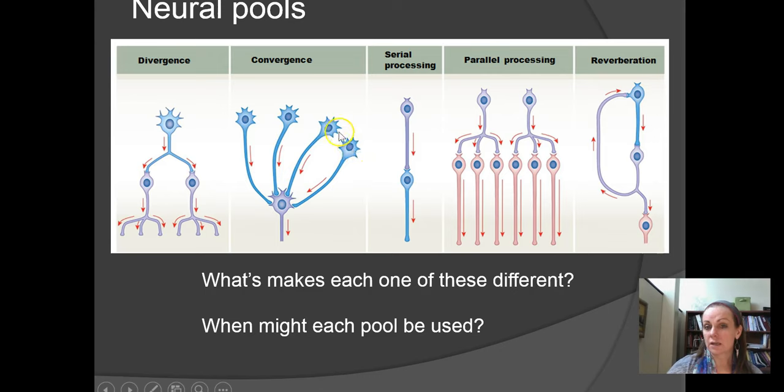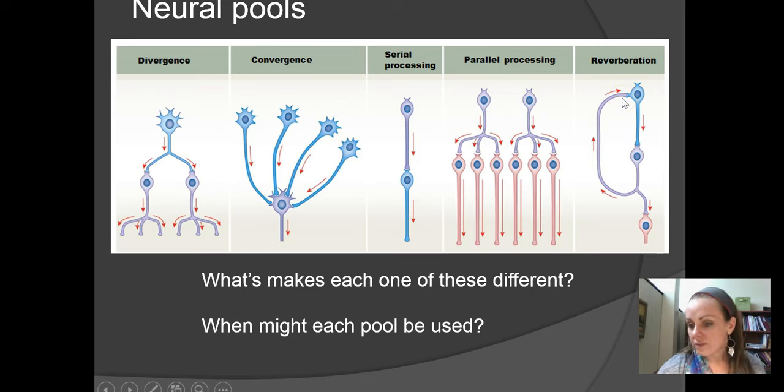We have many presynaptic neurons, and they all converge onto one postsynaptic neuron. Serial processing is just going directly from one neuron to the next. Parallel processing is first we start with divergence, and then all of these signals go in parallel. And finally, reverberation: we've got one presynaptic neuron, it hits a postsynaptic neuron, and this postsynaptic neuron both sends that signal on and also sends it back up to the presynaptic neuron.